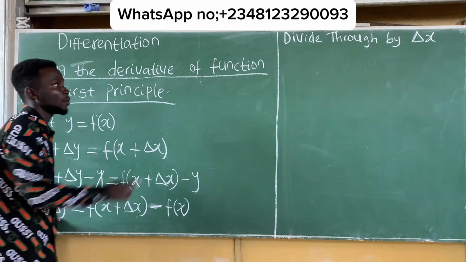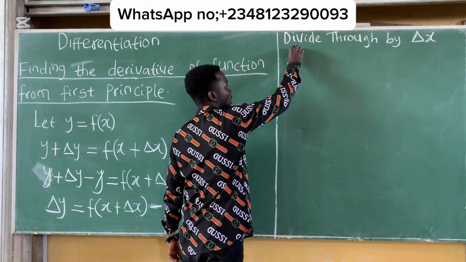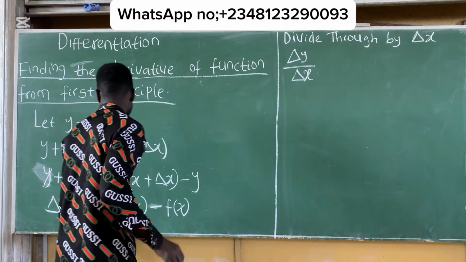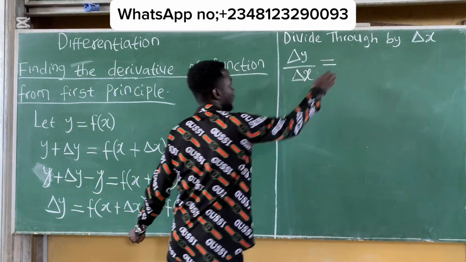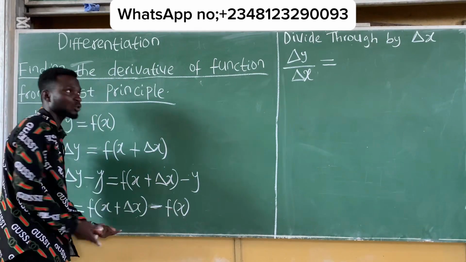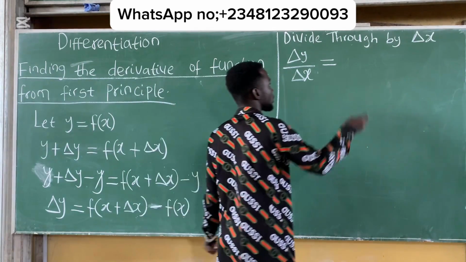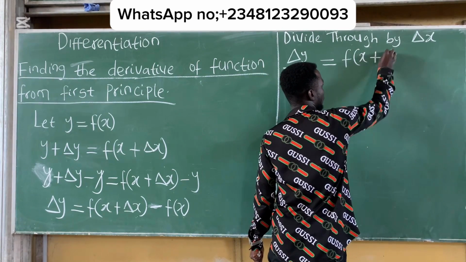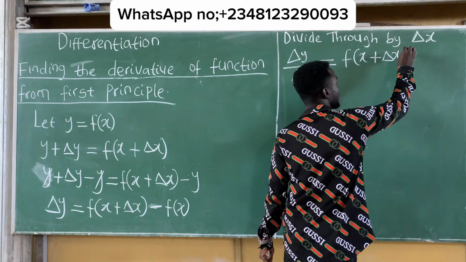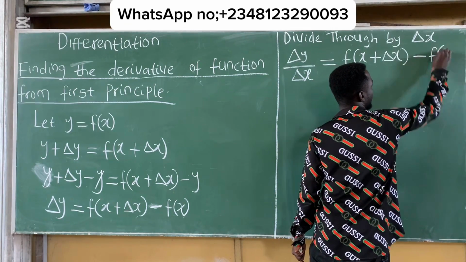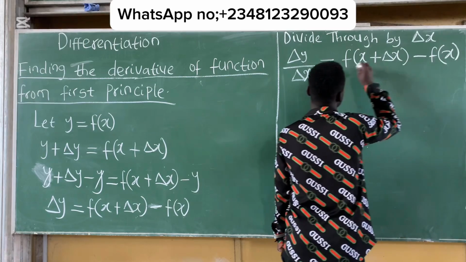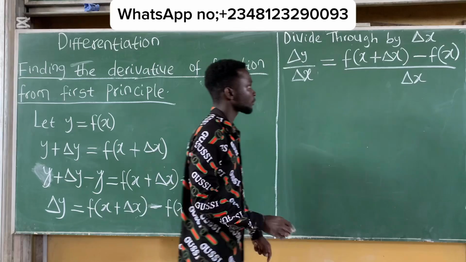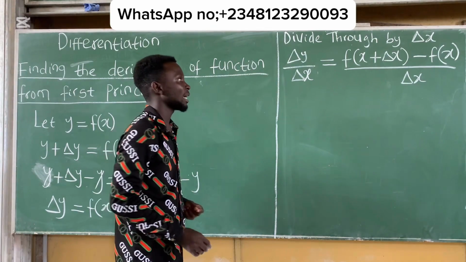This becomes delta y over delta x, equal to, now that we are dividing through by delta x, everything here will also be over delta x. So this becomes f of x plus delta x minus f of x, everything divided by delta x.